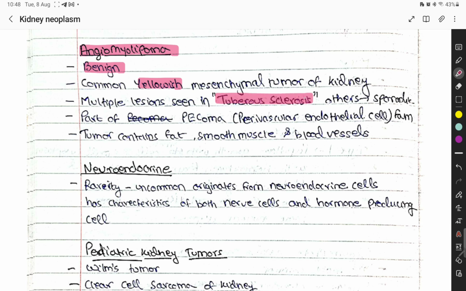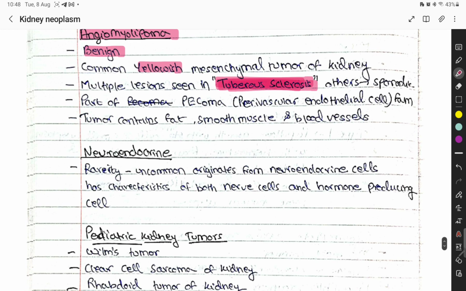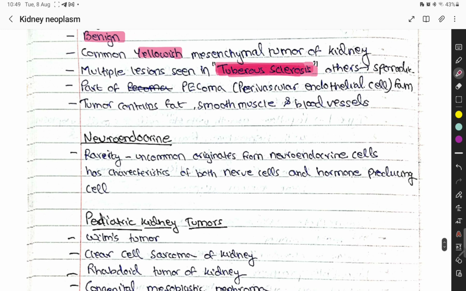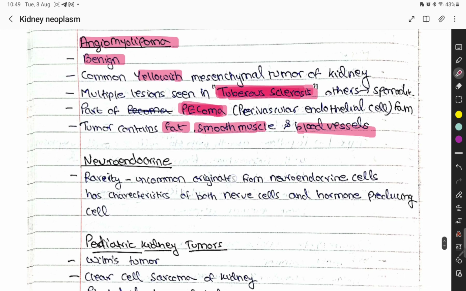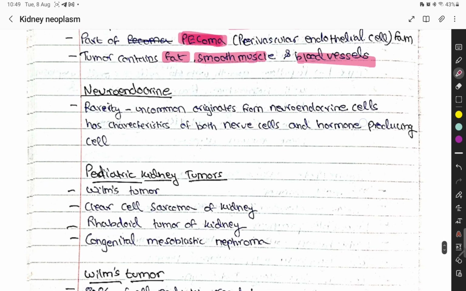Multiple lesions are seen in tuberous sclerosis. Okay, others are sporadic. It is part of the PEComa, perivascular epithelioid cell tumor family. The tumor contains fat, smooth muscle, and blood vessels. Everything that is developing from a mesenchyme.